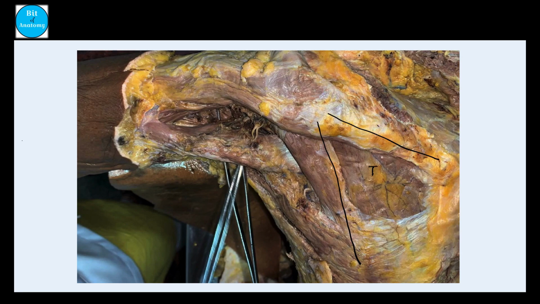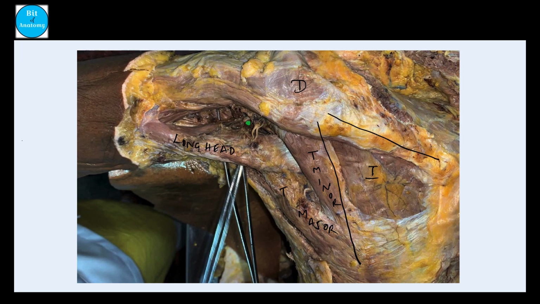We can identify many muscles in this region: the infraspinatus muscle below the spinous process, the deltoid muscle, the teres minor muscle extending from the upper part of the lateral margin, the teres major muscle, and one more muscle, the long head of triceps.